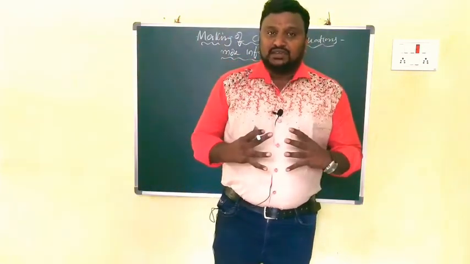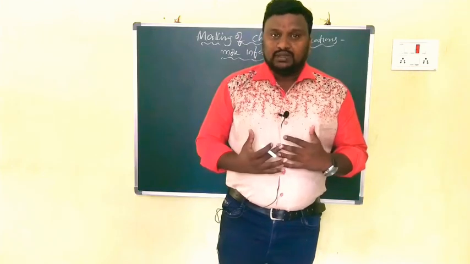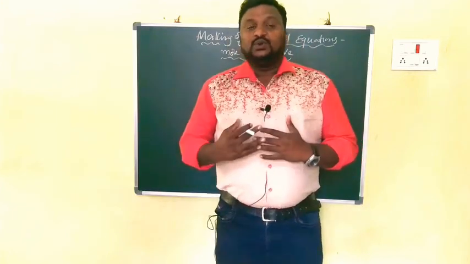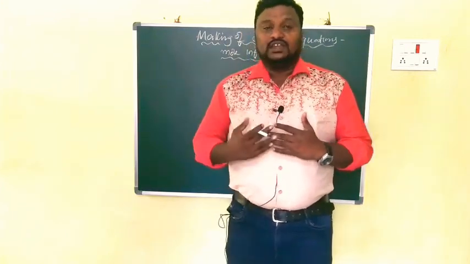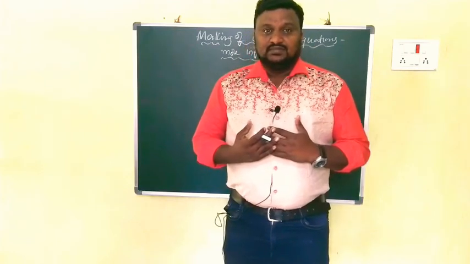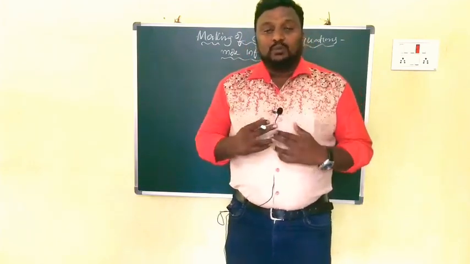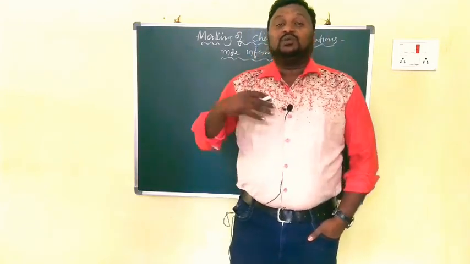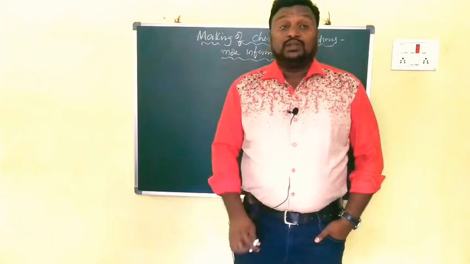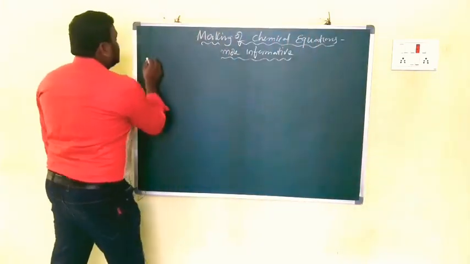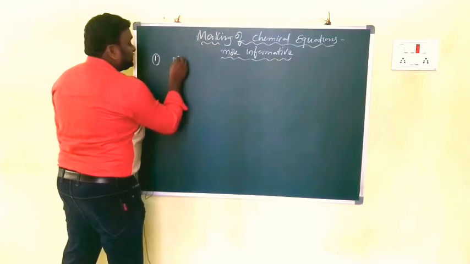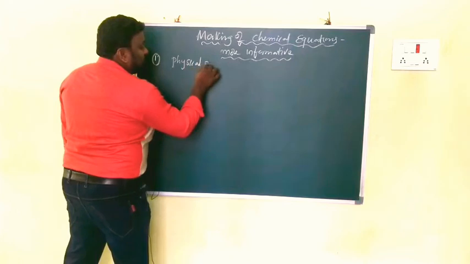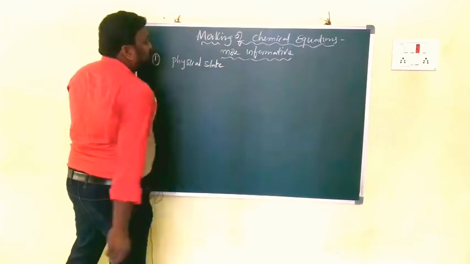After balancing the chemical equation, we have to mention which reactants and products are in the state of solid, liquid, or gas. By representing these properties, we make the chemical equation more informative. The first characteristic is that we have to express the physical state of reactants and products.